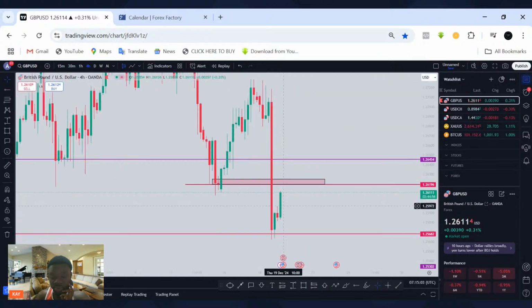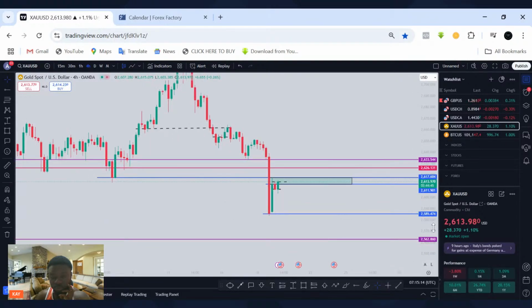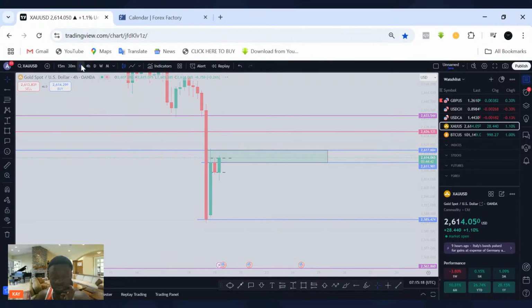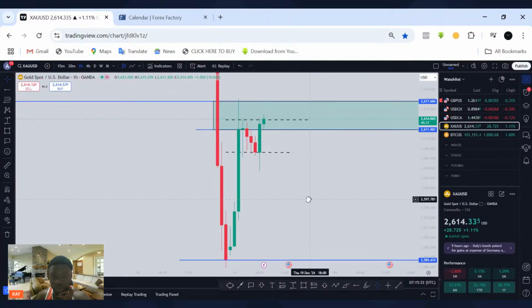It's just a short-term buy. So we cannot have a bearish continuation. So gold is what I'm interested in today. Gold is what I'm interested in.